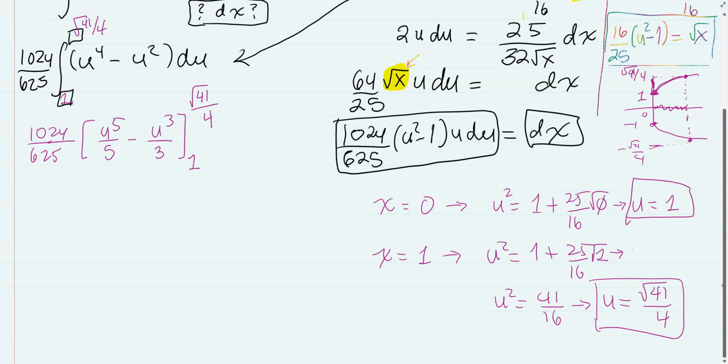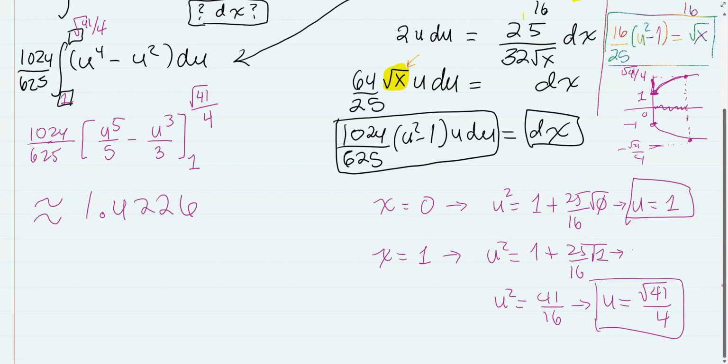And if you throw that into your calculator, the exact answer is going to involve square root of 41 in it. But the decimal answer, if you throw that into your scientific calculator, should give you approximately 1.4226. And that is the answer to number 9.